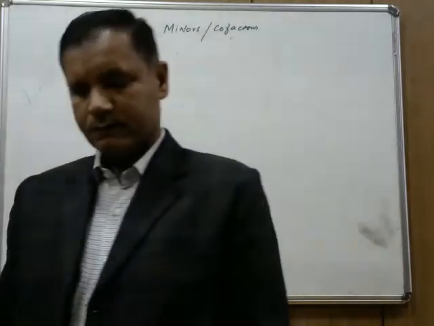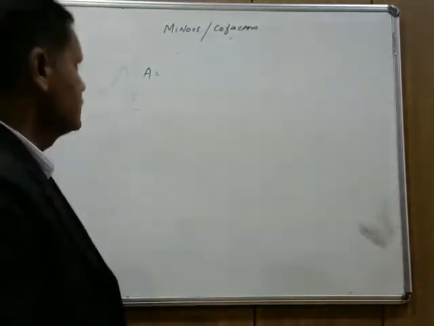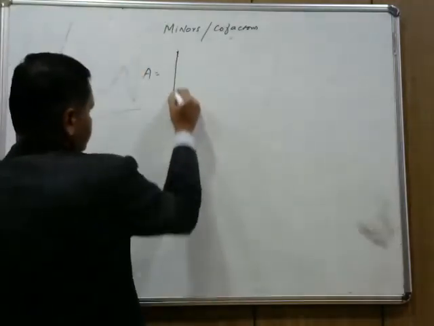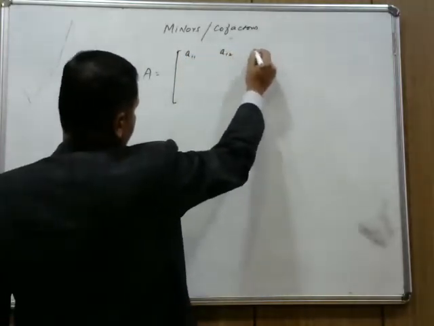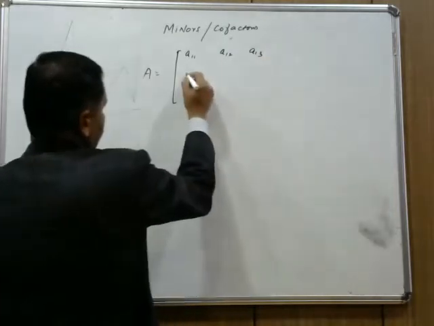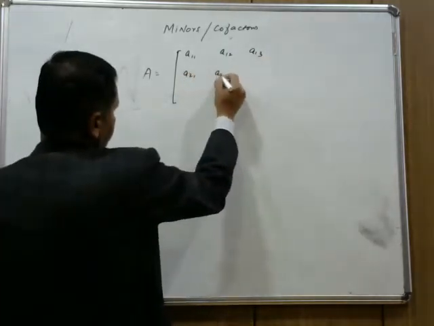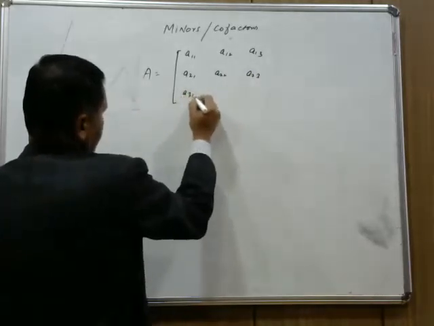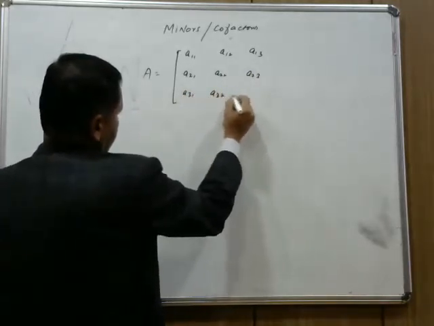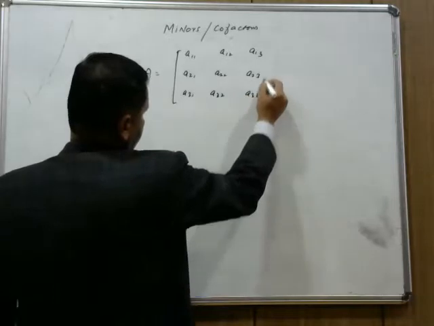we write the entries of determinants like this. A is equal to a11, a12, a13, a21, a22, a23, a31, a32, a33.